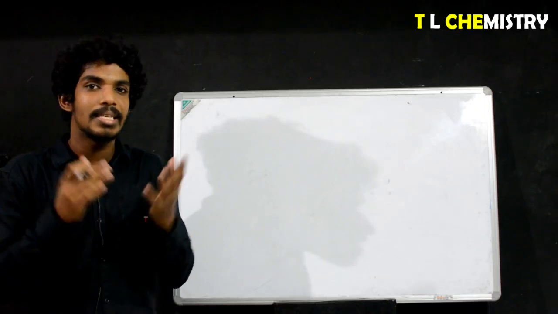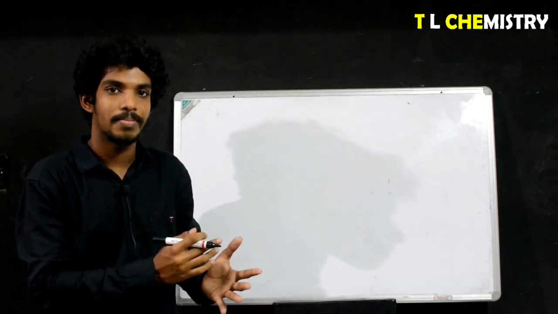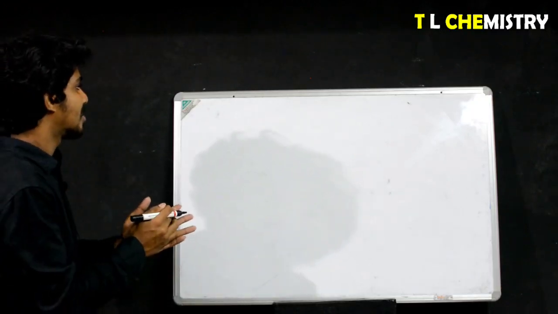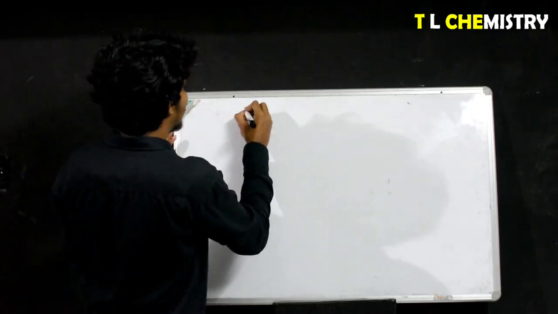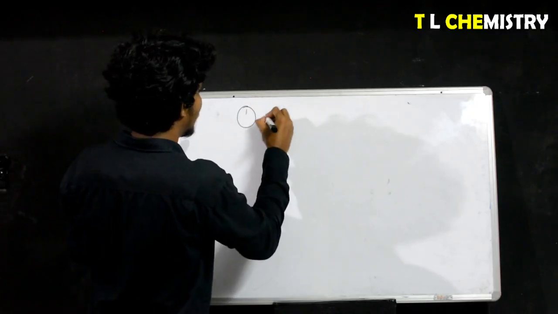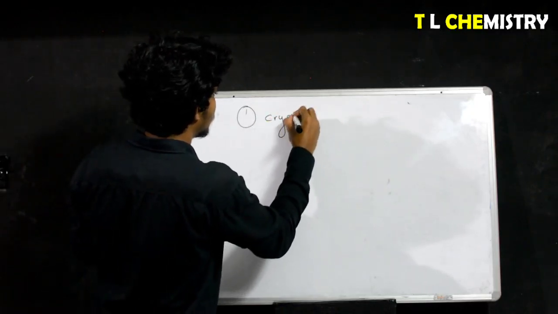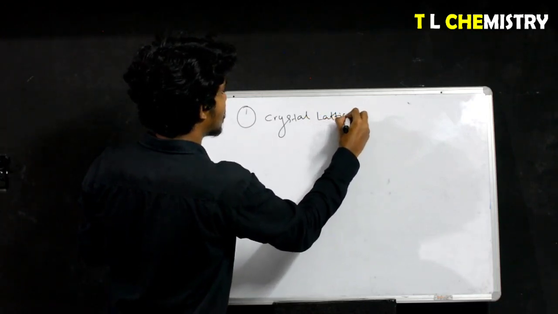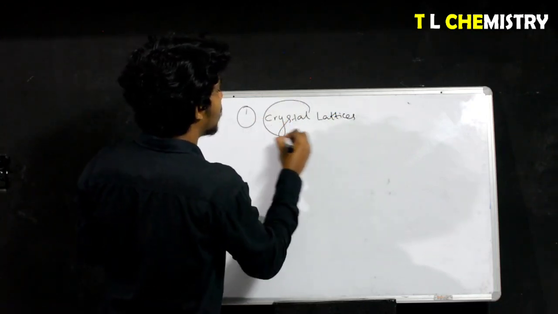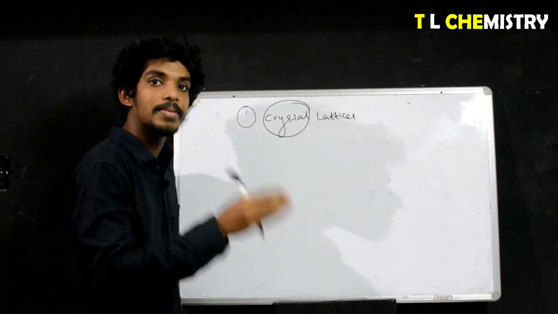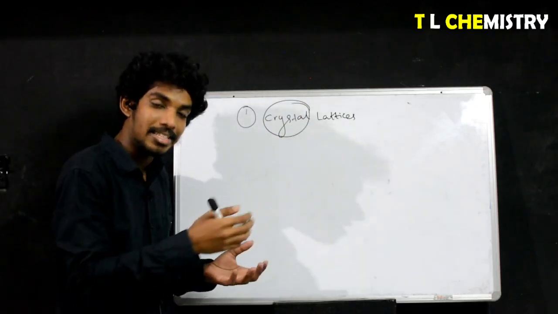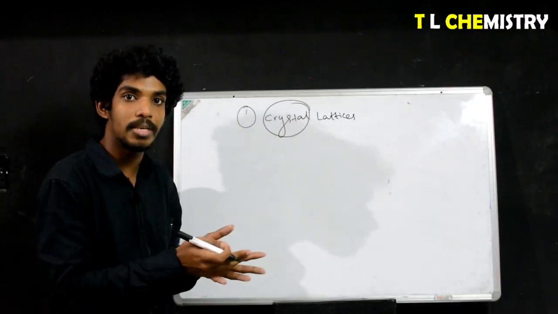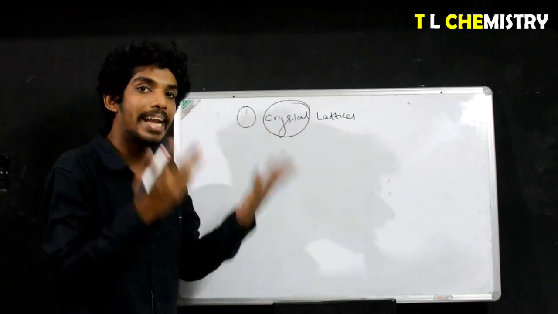Today's topic is the 7 crystal systems in solid state chemistry. What do you mean by the term crystal lattice? The crystal lattice is the arrangement of atoms in three-dimensional space to form the entire crystal.